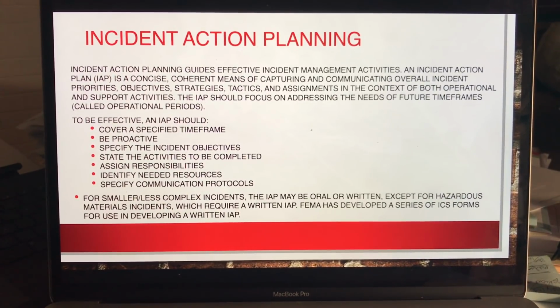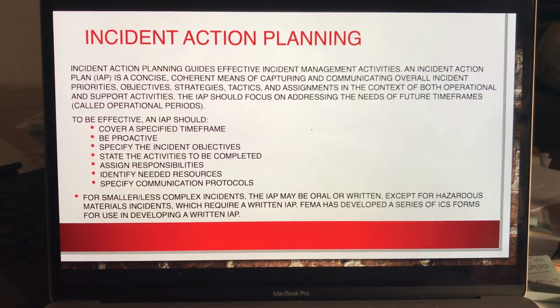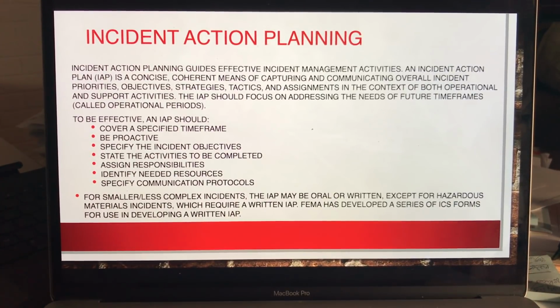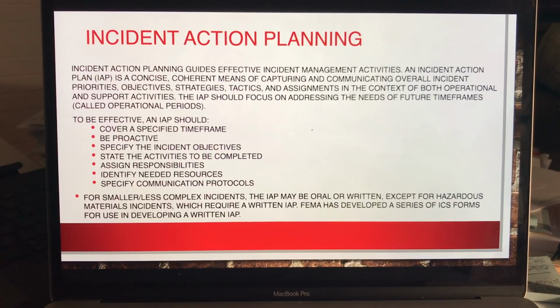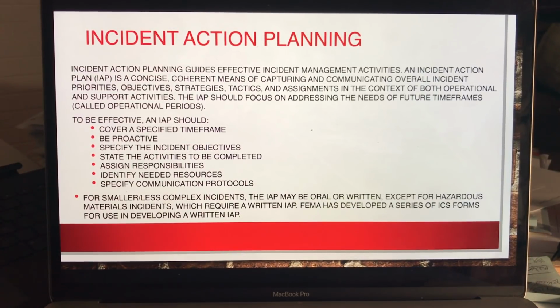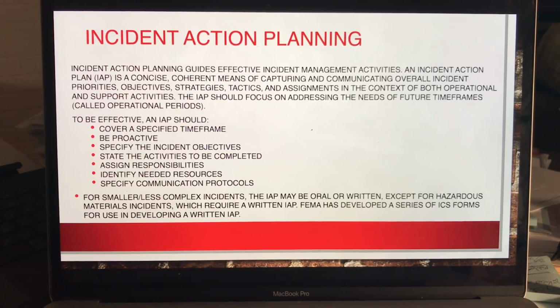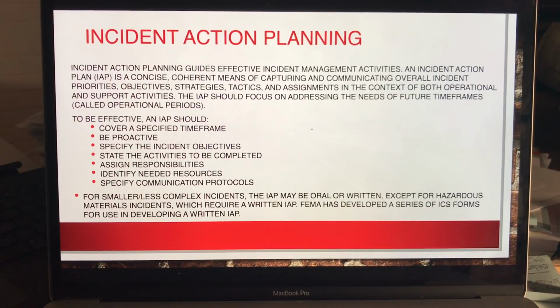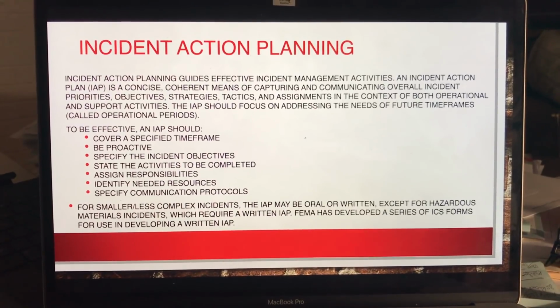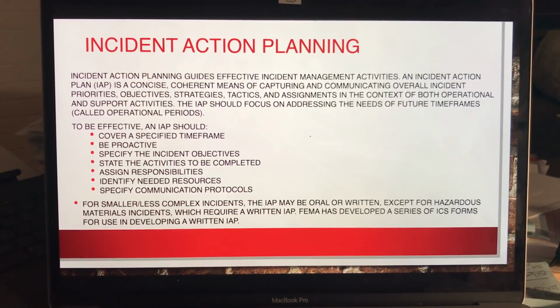Incident action planning. Incident action planning guides effective incident management activities. An incident action plan is a concise, coherent means of capturing and communicating overall incident priorities, our objectives, the strategy, tactics, and assignments in the context of both operational and support activities.